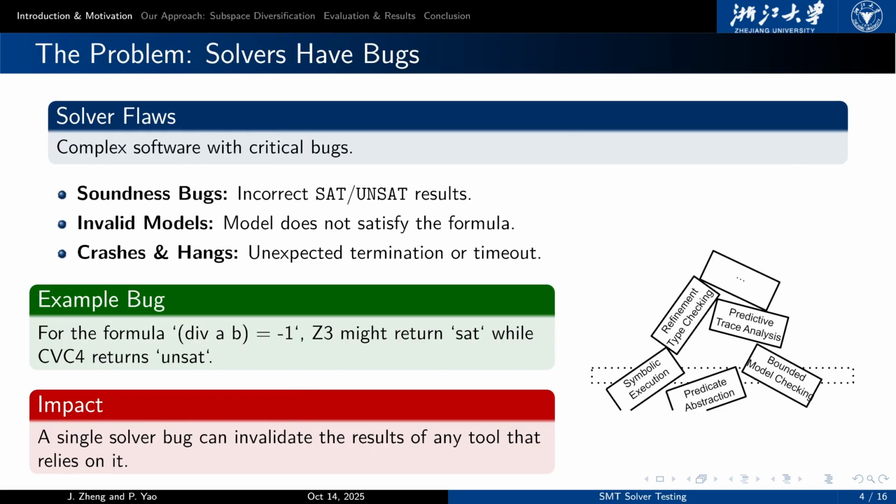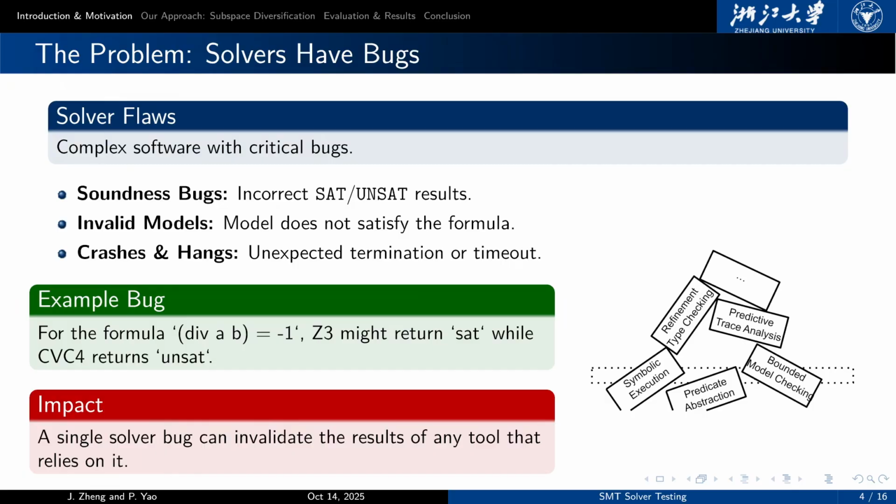But there is a problem. SMT solvers have bugs. These bugs are not minor. We see critical soundness bugs. A solver might give a wrong sat or unsat result. We find invalid model bugs. The provided solution does not satisfy the formula. There are also crashes and hangs. This stops the analysis.